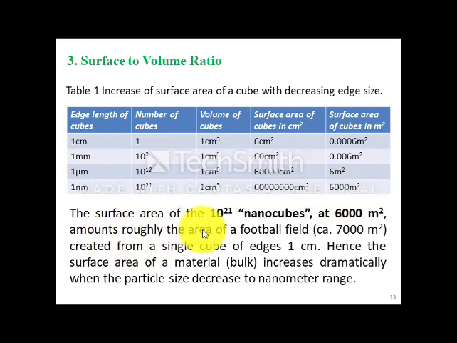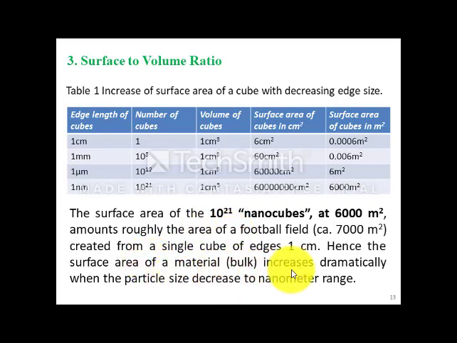It is almost the surface area of a football field, which is about 7,000 meters square. It is created from just a single cube of 1 centimeter. Now you can imagine, if we divide a 1 centimeter cube into several cubes of nanometer size, how the surface area can change.